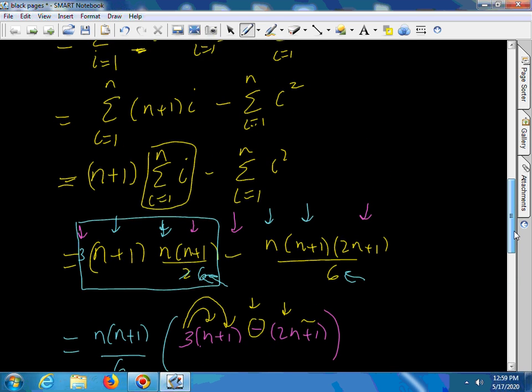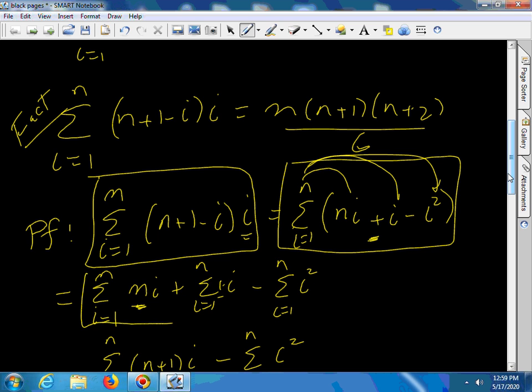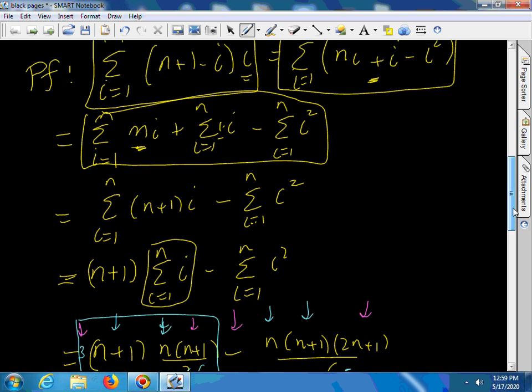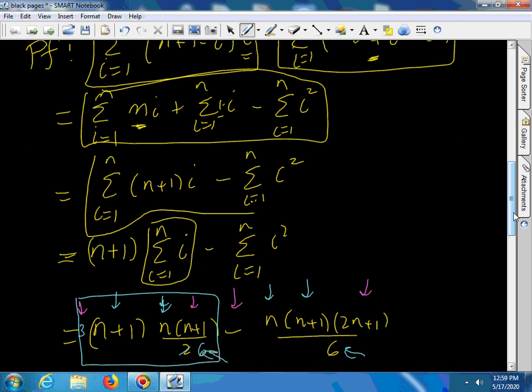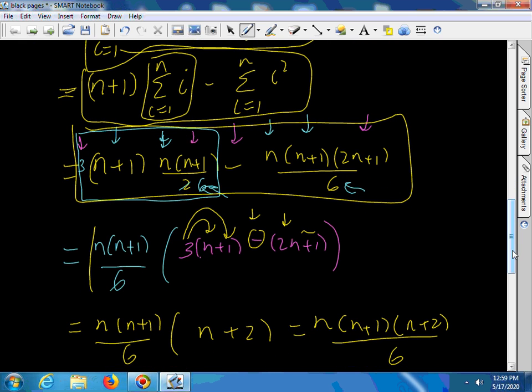That is this summation right here. Now, it follows their chain. That's why you have to put the equal sign. What I just boxed equals this, which equals this, which equals that, which equals this, which equals all of this, which in turn equals this, which equals this.